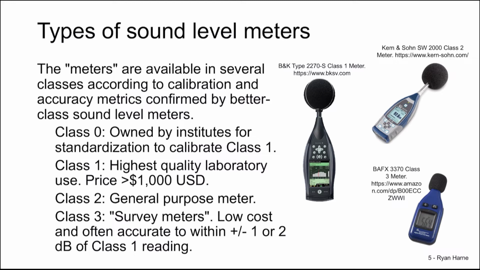They have readings that are often within plus or minus 1 or 2 decibels of Class 1 sound level meters. This might still seem like error, but given that sound sources themselves vary from around 1 to 4 decibels in any given stationary sense, this accuracy is often accurate for most noise control evaluations.